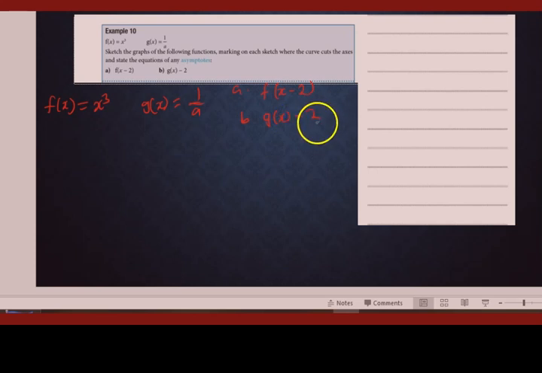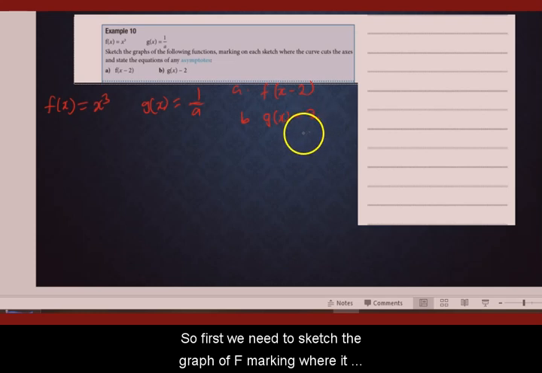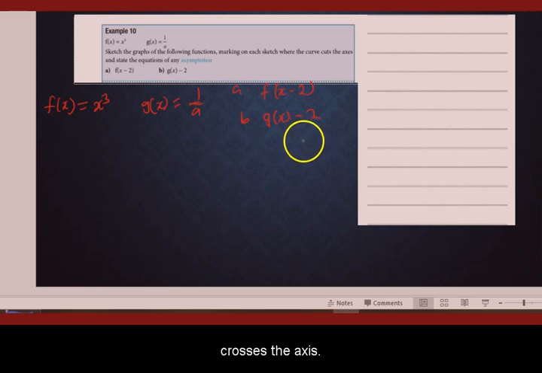So first we need to sketch the graph of f(x), marking where it crosses the axes.